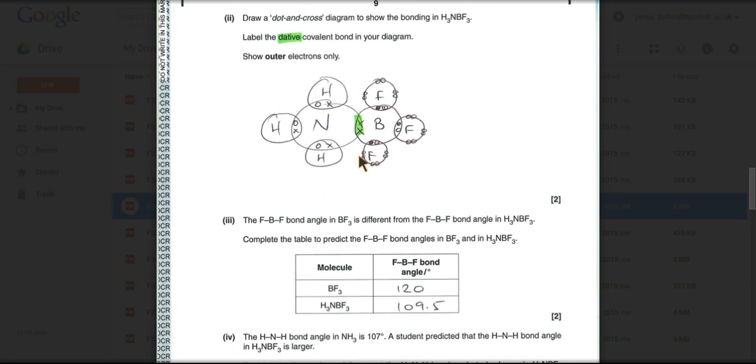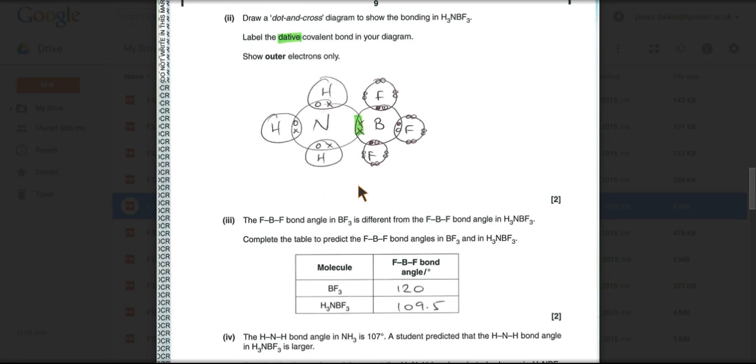Bit about bond angles now. So in BF3, if you can imagine this without that lone pair, it's a bit difficult, sorry. There are 3 bonding pairs of electrons in the valence shell of BF3, all repelling equally, and so the maximum distance apart is 120 degrees.